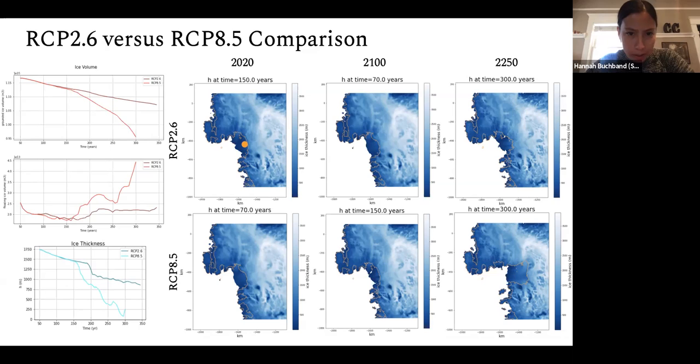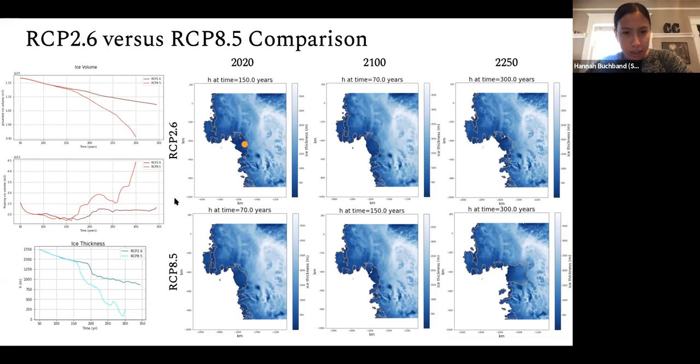So these are all the same graphs as the previous slide, and it's kind of remarkable how similar the data turned out, with the exception of the actual mapping of the ice sheet, which looks fairly different, and the fact that this is using future projections as the original data rather than previously recorded temperatures. So the same trends stand, where grounded ice volume remains higher for RCP 2.6 than 8.5 over time, and the opposite for floating ice, for the same reason I stated earlier.